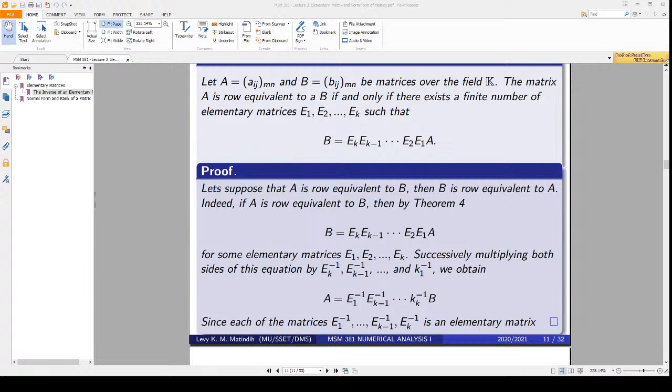What we mean is I'll start to get rid of this EK, which is the first one. I should multiply both sides by the inverse of EK. From there, to get rid of EK minus 1, I have to multiply both sides by the inverse of EK minus 1, up to E1. So upon doing that, what is going to happen is we are going to have this equation.